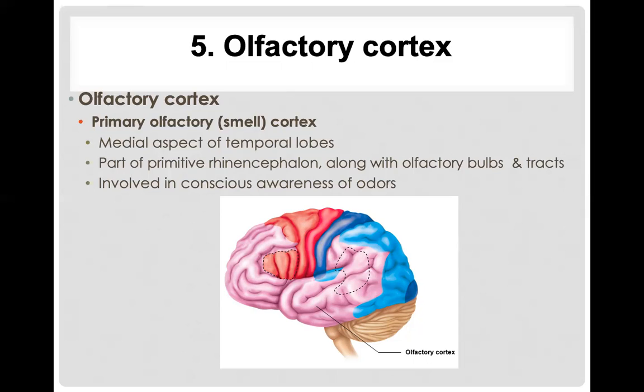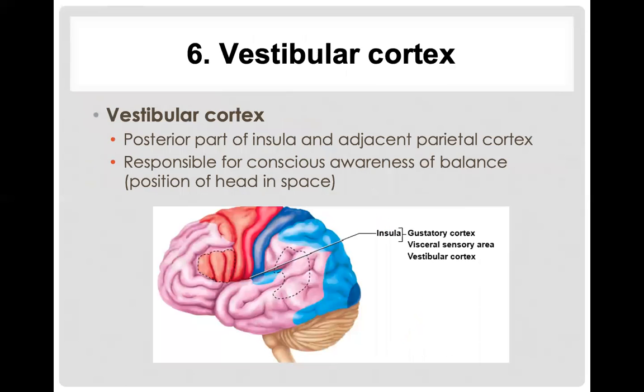It collects data from the olfactory bulb and tract, which is located right superior to your nose within the ethmoid bone. It is involved in conscious awareness of odors that you're smelling, distinguishing whether you're smelling a cookie versus a loaf of bread versus trash.